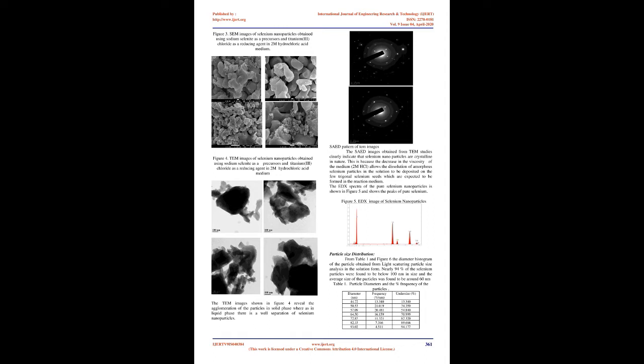A survey of literature reveals that the reduction of selenium(IV) by various reductants was found feasible in hydrochloric acid medium or in presence of chloride ion. Therefore, in the present investigation, selenium nanoparticles have been synthesized in the above acid medium containing chloride ion and in presence of a slight excess of titanium(III) chloride to ensure complete reduction of selenium(IV) by titanium(III) chloride.